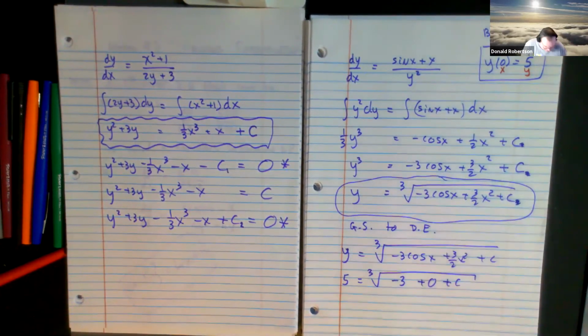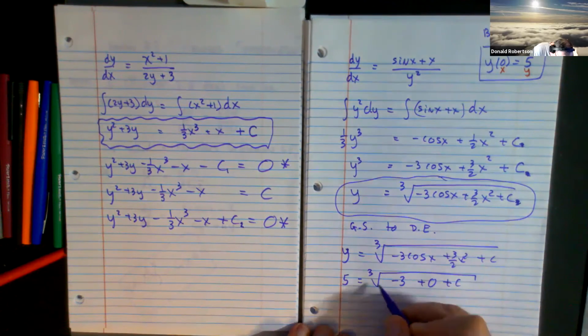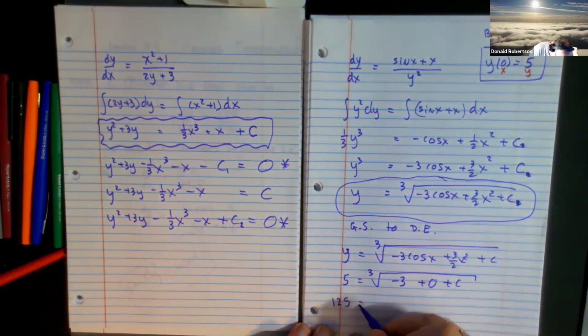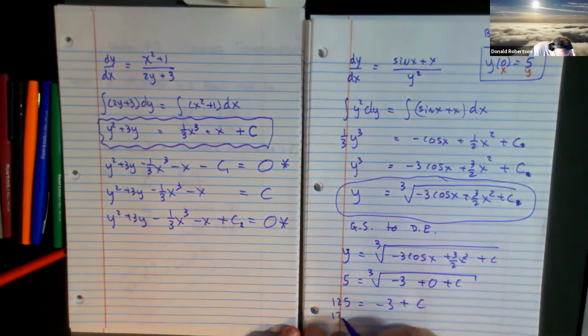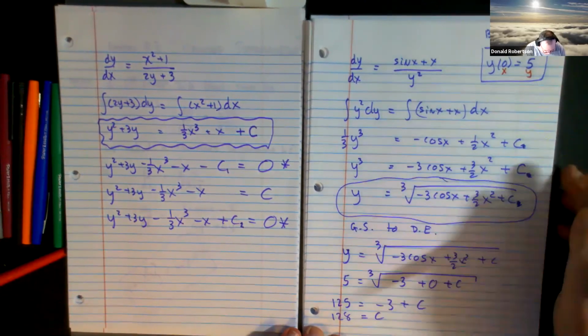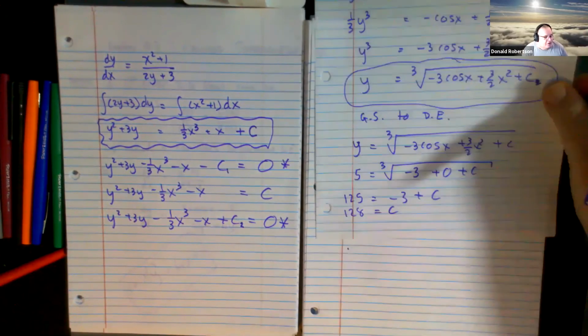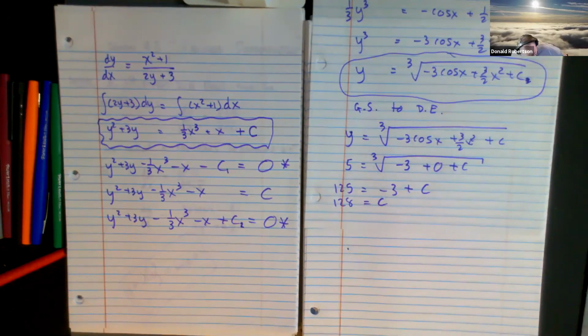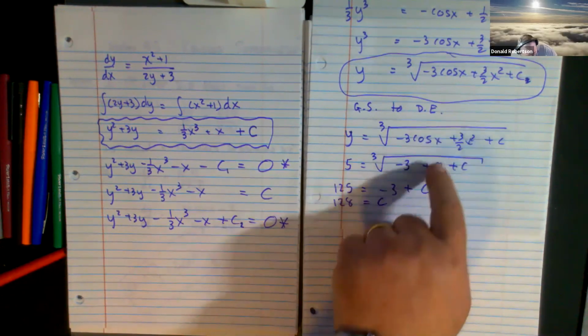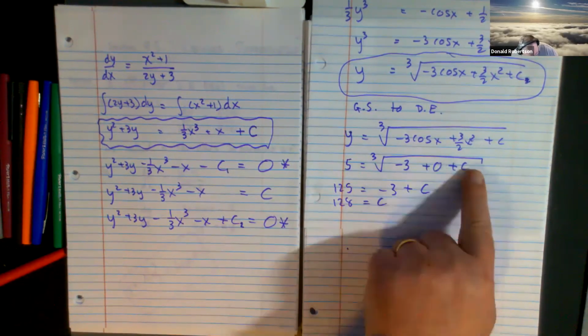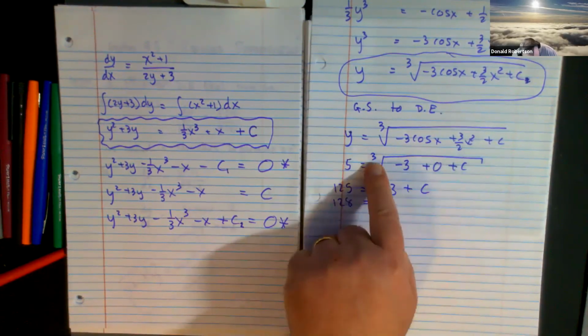If you cube both sides, and then add 3 to both sides. Do you see that we now know the value of C? We solve for C. So you put y as 5, you put x as 0, and then you solve for C. In this case, cubing both sides gets rid of the cube root.